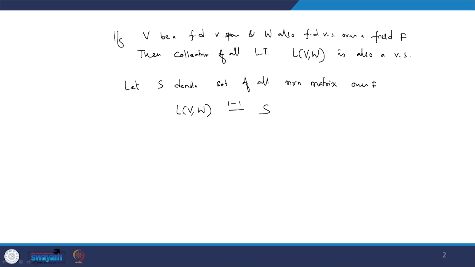I mean, for each linear transformation in L(V,W), one can associate an m cross n matrix over the same field.